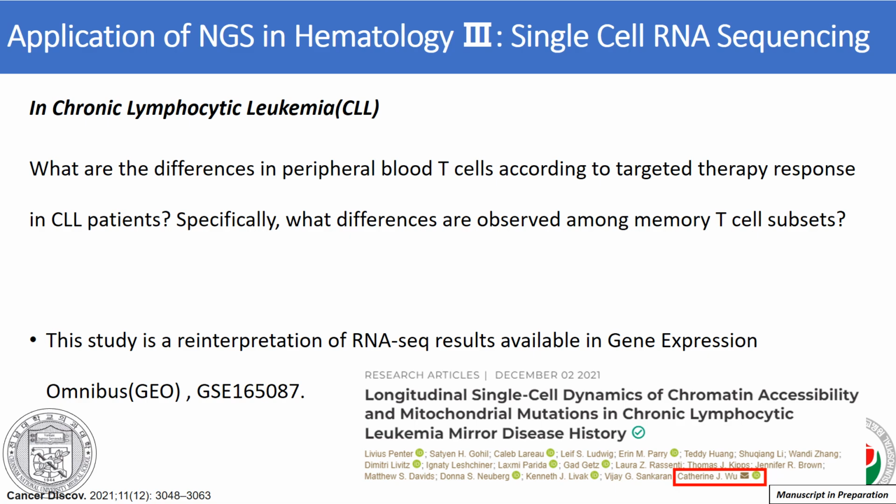So my question was how the T cell state differs between responders and non-responders to chemotherapy, especially in the memory or effector T cell subtypes. And this is a reanalysis of publicly open data in CLL from previous work.